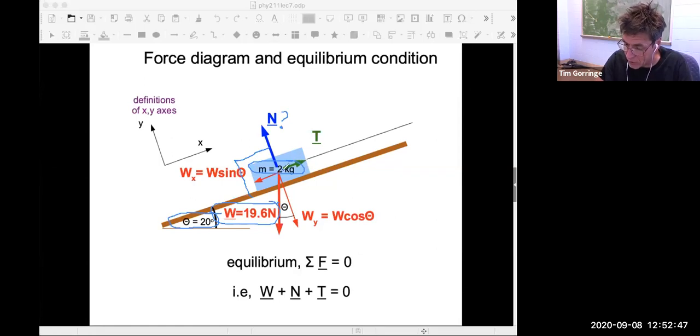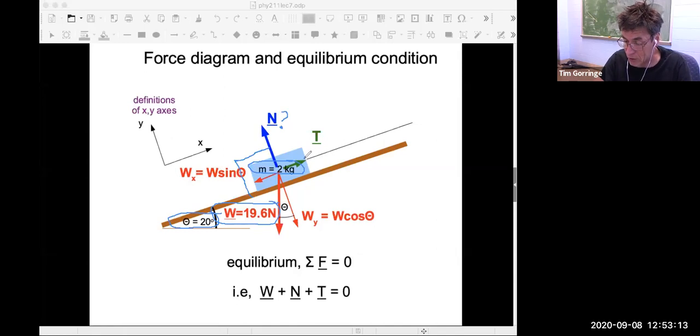The third force I pictured is the tension force. That's over here on the right-hand side. The rule for the direction of the tension force is that the tension in the string, or in the stem of the apple, acts along the string or along the stem. So I've drawn the tension force acting in the direction of this string that's supplying the tension.